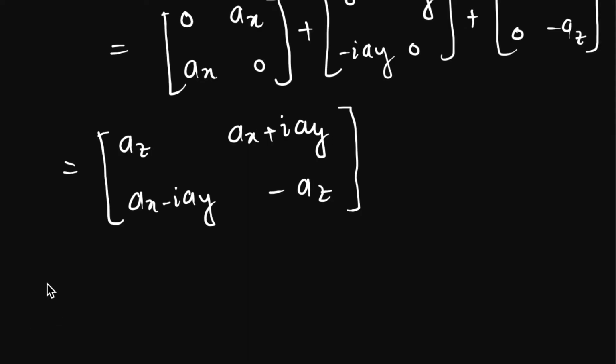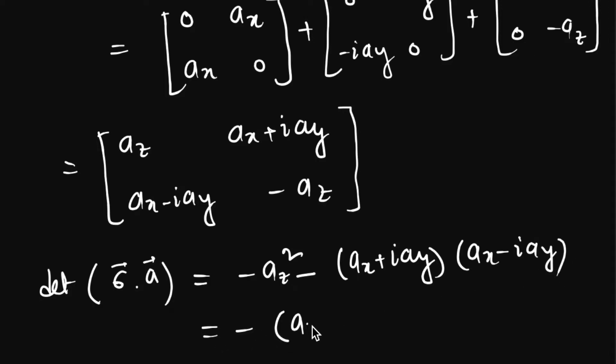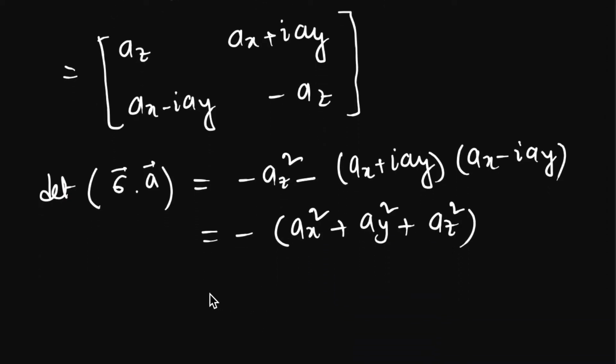Now let us check the determinant of sigma dot A, which will be minus AZ square plus minus AX plus I AY into AX minus I AY, which will be minus AX square plus AY square plus AZ square. That means minus mod of A its square.